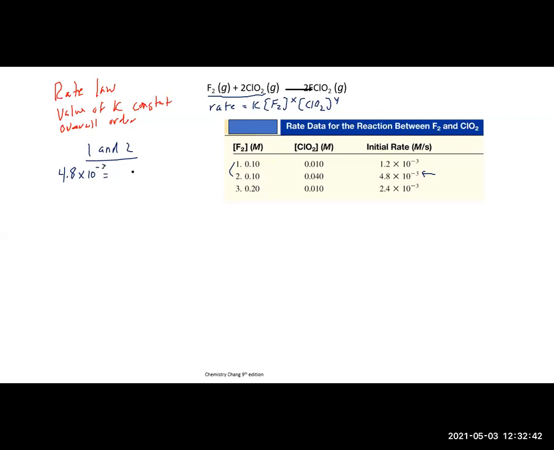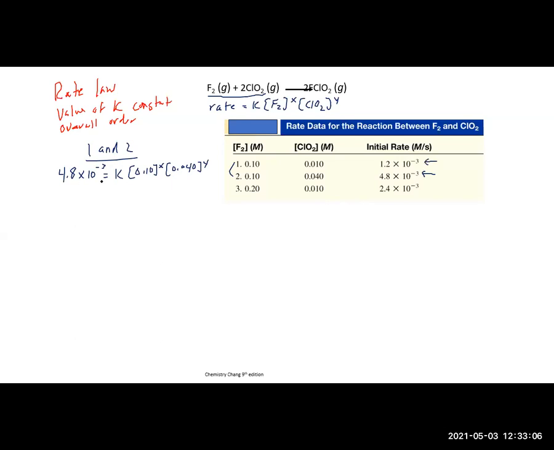So what I'm going to do is put all my information for experiment 2 into the formula we used before, which would be 0.1 to the X and 0.04 to the Y. Everything here came from experiment number 2's information. I'm now going to do the same thing with experiment 1.